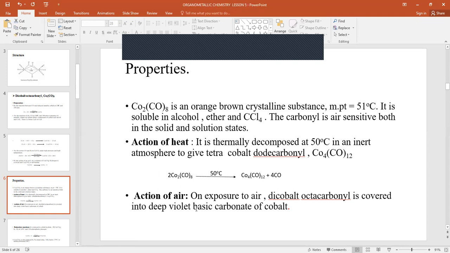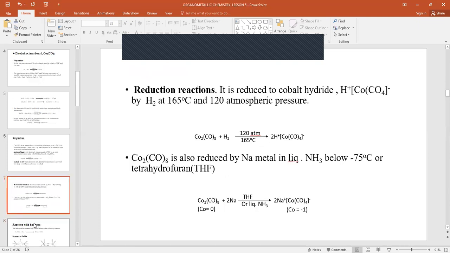Action with air. On exposure to air, dicobalt octacarbonyl is converted into deep violet basic carbonate of cobalt. Reduction reaction. It is reduced to cobalt hydride by hydrogen at 165 degrees Celsius and 120 atmospheric pressure.